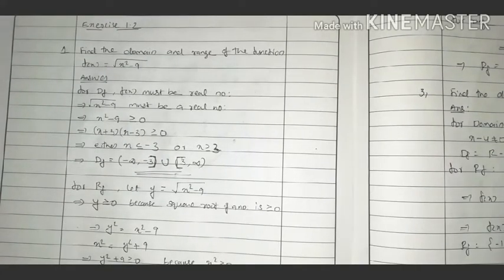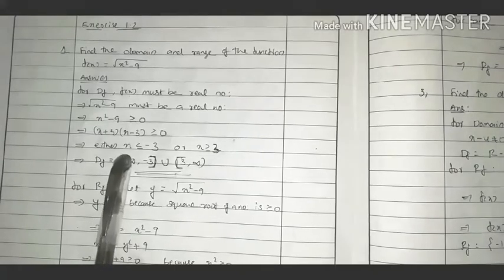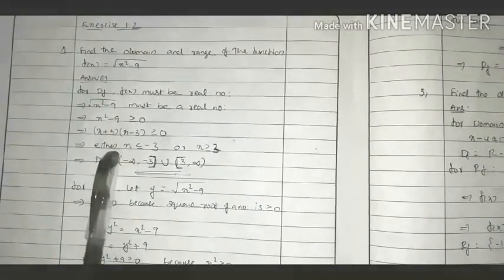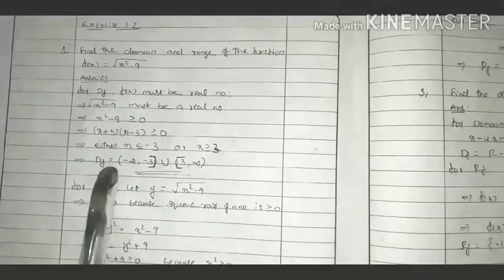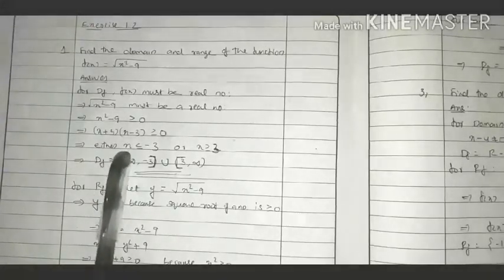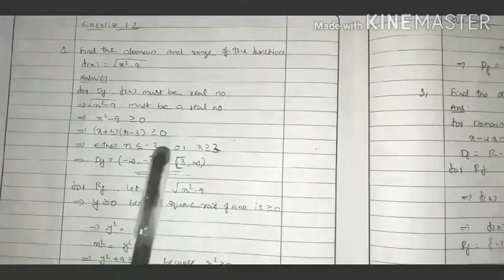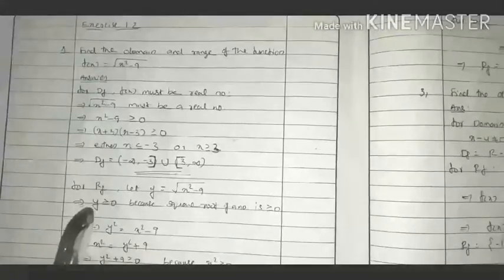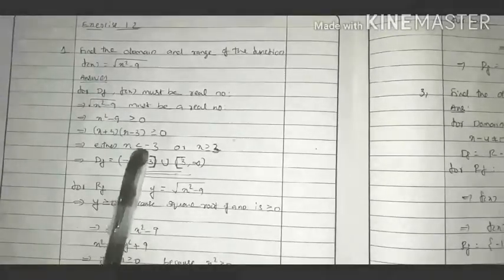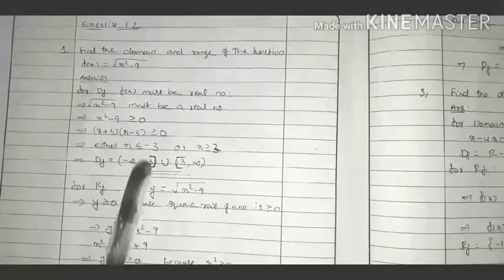By using those identities related to intervals, we can write x should be less than or equal to minus 3, or x is greater than or equal to 3. This is the domain of the function f.